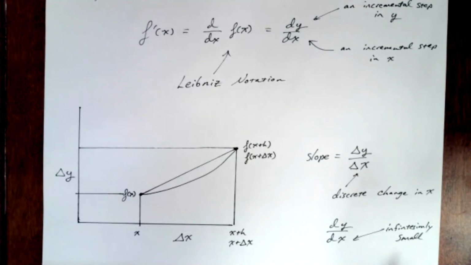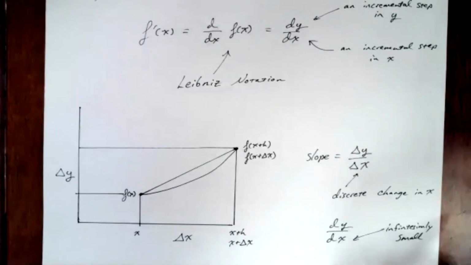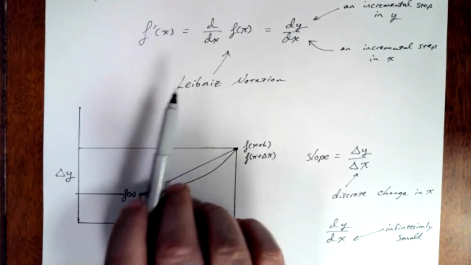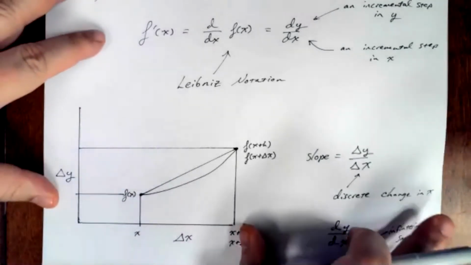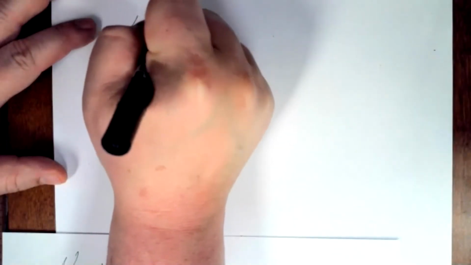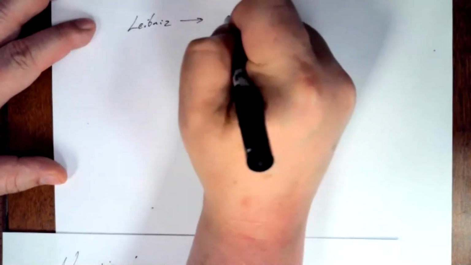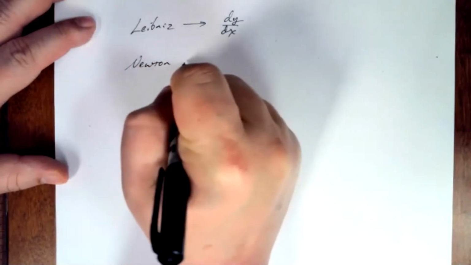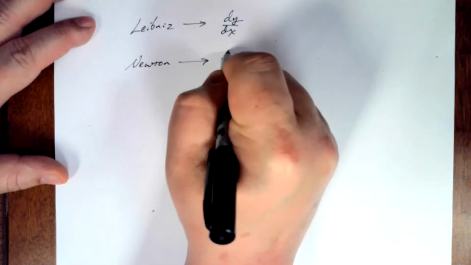Calculus was originally developed simultaneously between two men living at the same time, obviously: Gottfried Wilhelm Leibniz and Sir Isaac Newton. Now, Leibniz used this notation, whereas Newton used this notation.